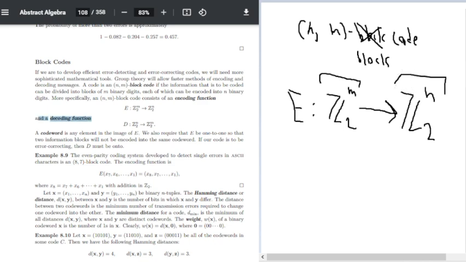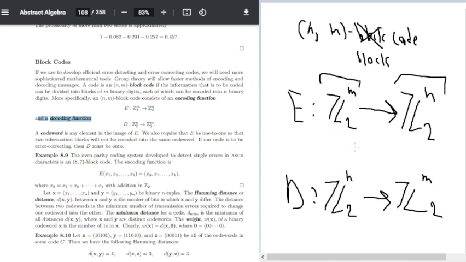And a decoding function, which is the reverse. We take some Z2 to the n and move it to Z2 to the m. Encoding. Decoding.